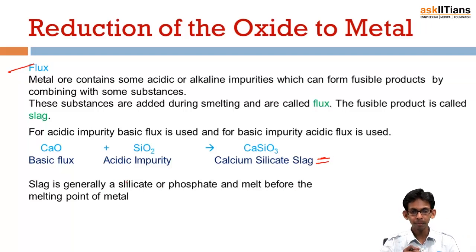So once again, if any impurity is present along with the ore, which is either acidic or alkaline, it can be removed by reacting with another substance. That substance combines with the impurity to form a fusible slag. Whatever substance was added to remove the impurity is known as flux.